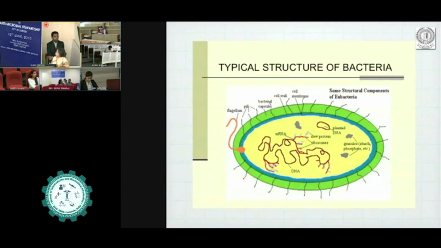Besides this, we may have structures like capsules, flagella and fimbria. Some organisms may have flagella, some may not. Some may have capsules, some don't. And those organisms that have capsules, they contribute to the strength of the bacteria, and many times they contribute to the resistance mechanism as well.